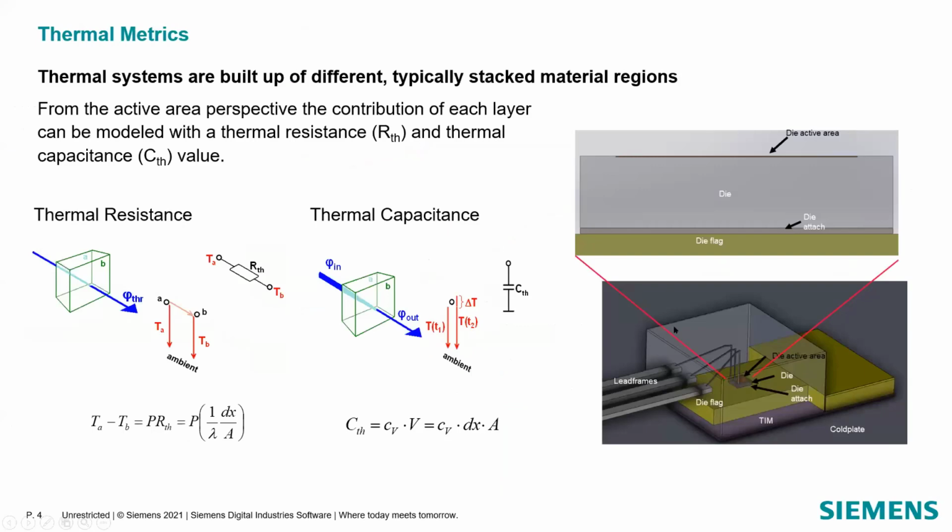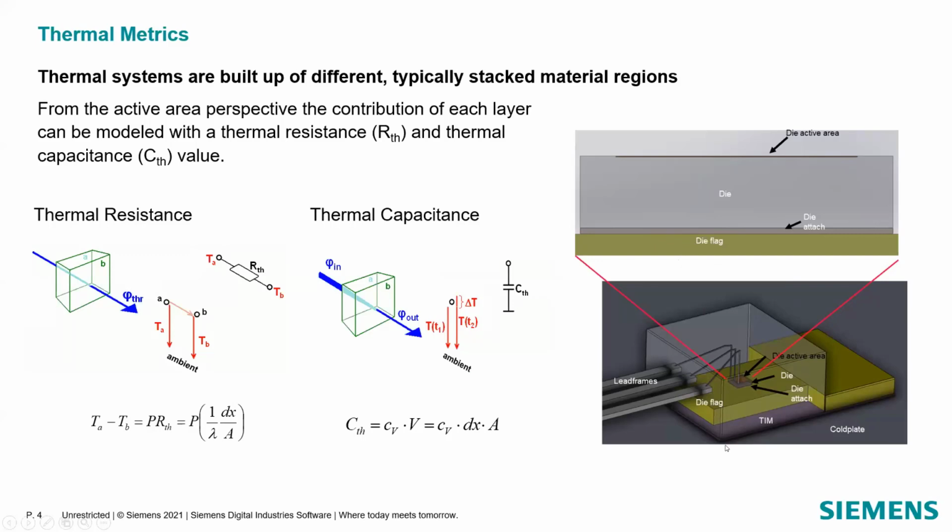And again, besides capturing temperatures, the most important thing to do is understand the contribution of certain package layers. So you can see here a TO220 package, and basically the heat is generated in this really tiny couple of micron thick active area. And the heat spreads through the die attach into the die flag.